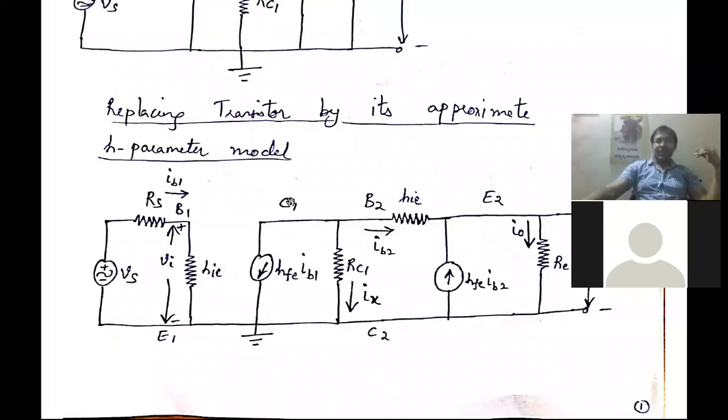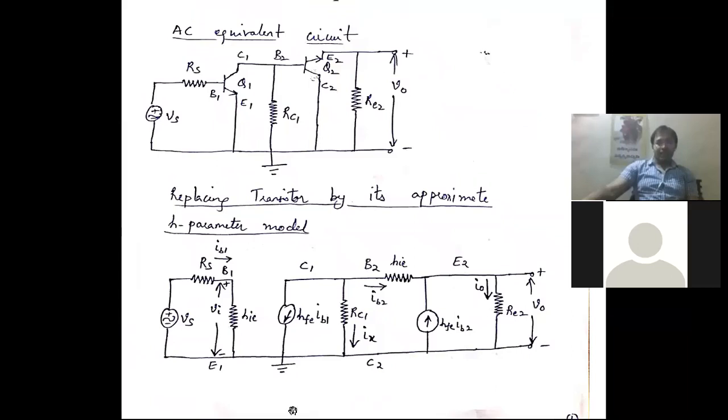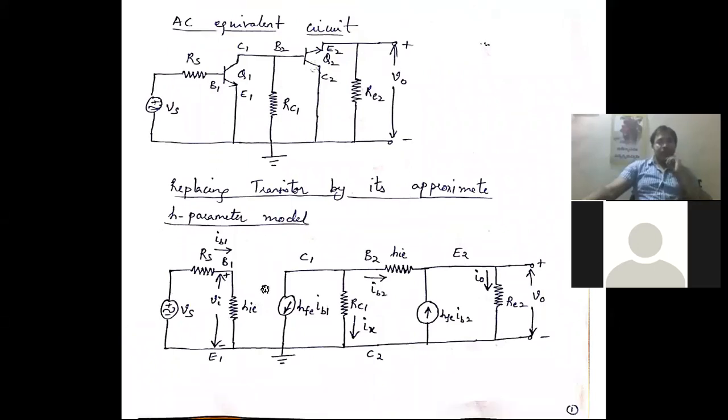Between B1, C1 and E1, we have one approximate model, and between B2, E2 and C2, another approximate h-parameter model. We already discussed this in the previous class.